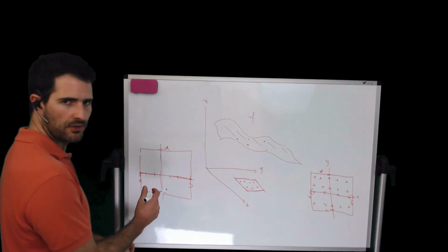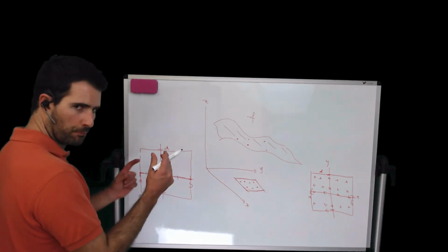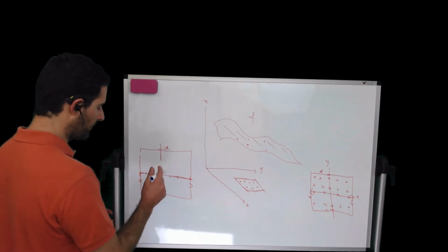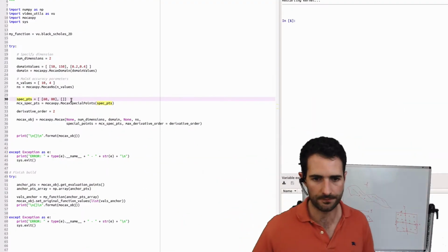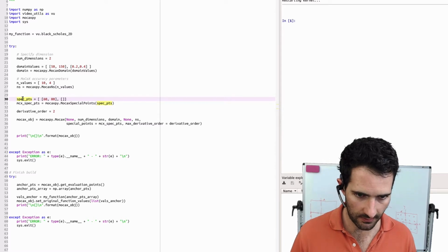Then you go to the second dimension. How many special points do you want? 1? That. Put it into a list. You don't want any. It's fine. Don't put any. But still put it into a list which is empty, which is what you can see in the code. So here, this list of lists, I've called it spec points.